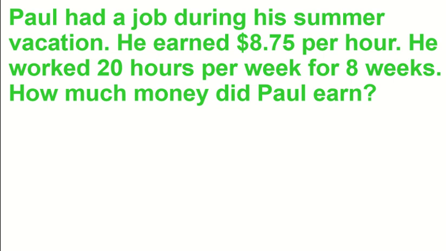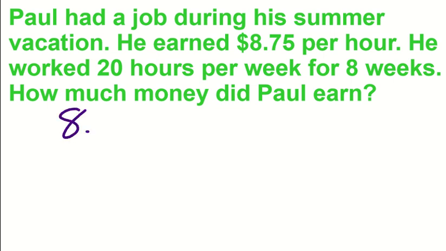All right, so look. All this is multiplying. We got $8.75 per hour, 20 hours per week, 8 weeks. So you could do it in any order as long as you're multiplying these three numbers.